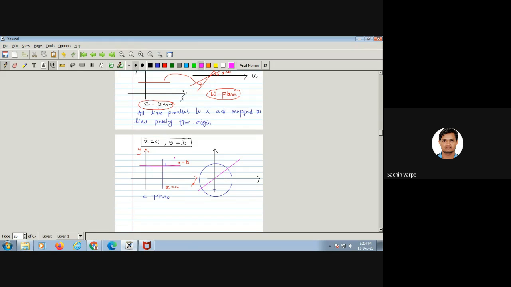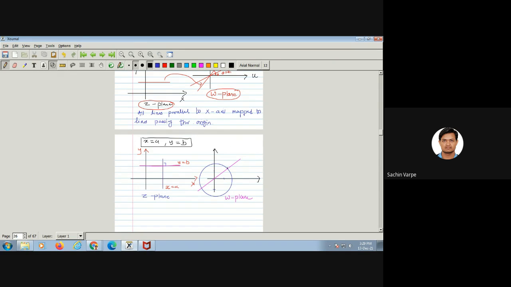So I take infinite lines parallel to the x axis, and those infinite lines get mapped to infinite lines in the w plane which pass through the origin. Can you check now? Can you see these two curves in the w plane are perpendicular to each other?